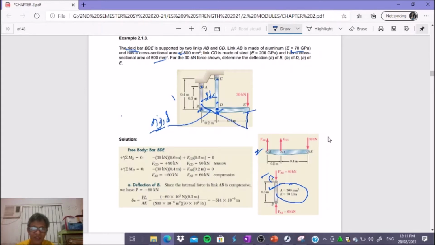Although exaggerated lang, kasi actually ang mga deformation ito, kunti lang. So, ang diagram natin dito, ini-exaggerate. Then, ito yung point din, draw mo yung line na yan, makikita mo na ito na yung deformation ng downward movement ng point D, at saka nito yung upward movement of point B.